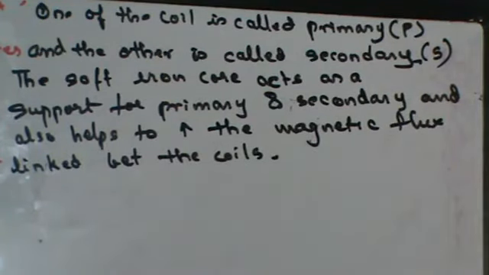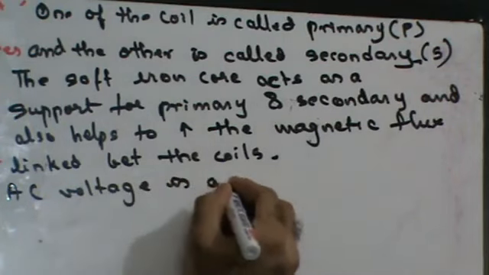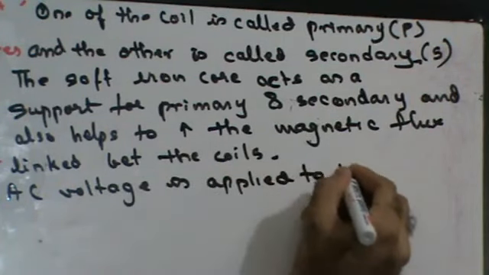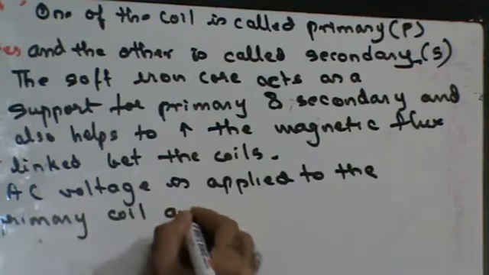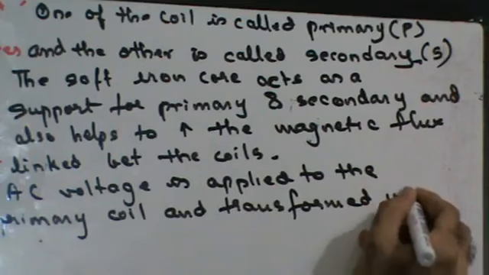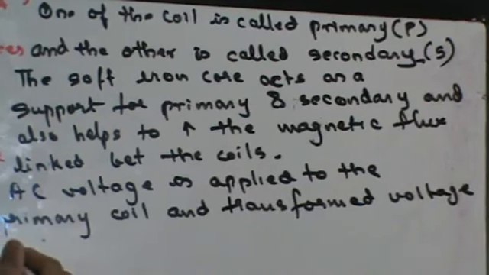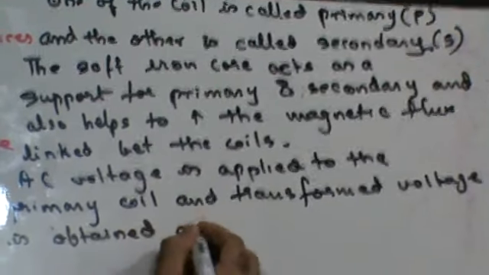Now, AC voltage is applied to the primary coil of the transformer, and the transformed voltage is obtained at the secondary.